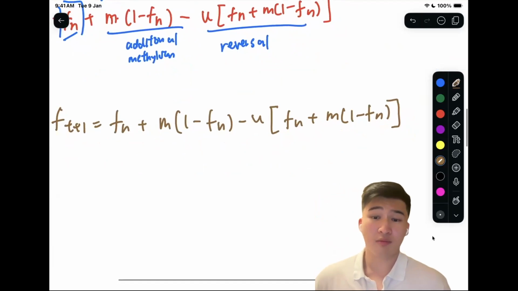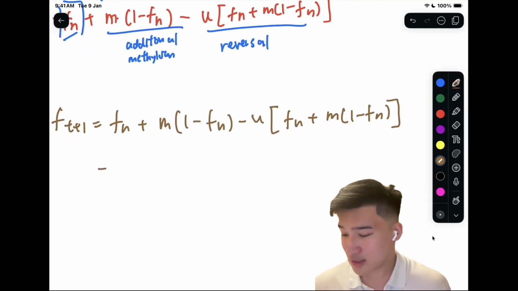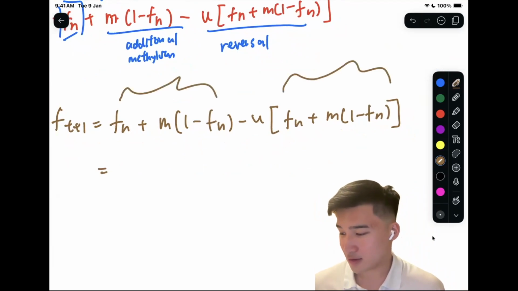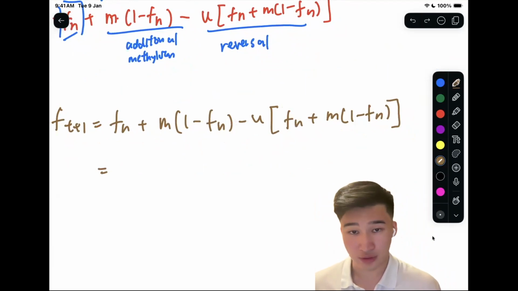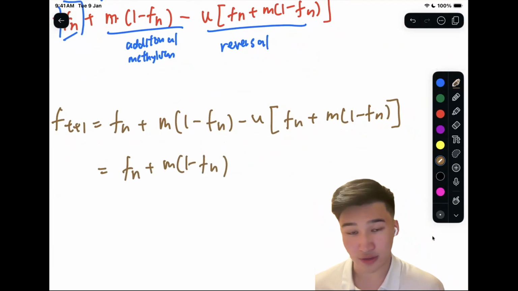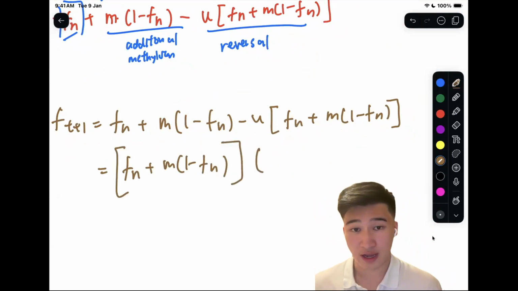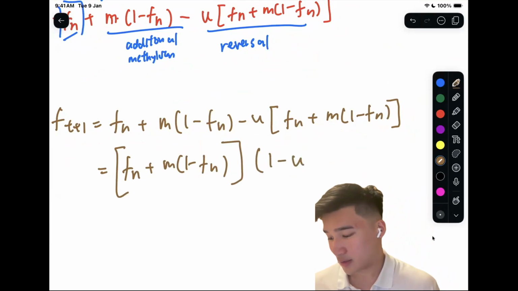So are we done here? We technically are, but we still have to do some simplification. From this formula, you see that this is a term, and this is a term. So we can take out the term and write something like this: Fn plus M times 1 minus Fn equals what? This is a term, and we took it out from 1 minus u.